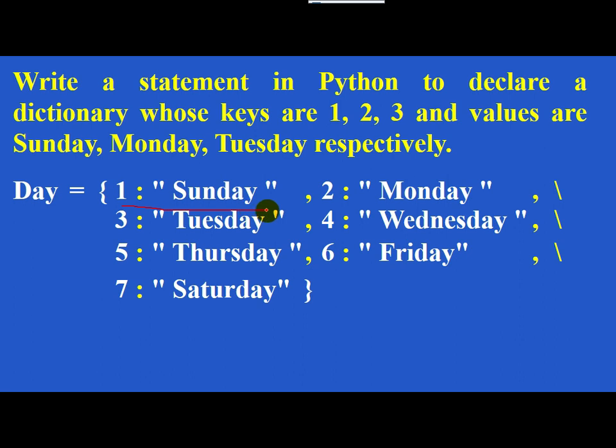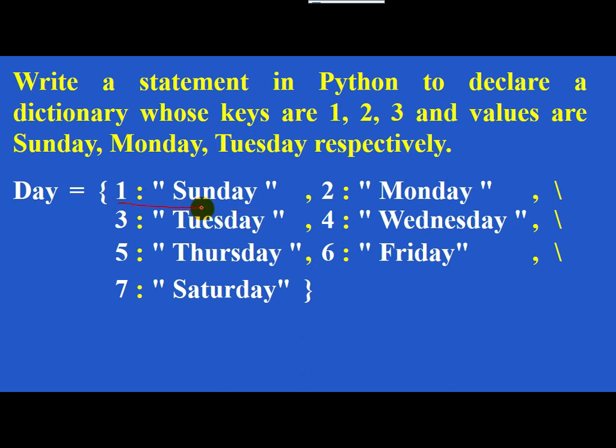Dictionary is mutable, list is mutable, you can change the content of a list. Tuple is immutable, you cannot change the content of a tuple. String is immutable, you cannot change the content of a string. Okay, dictionary is mutable, you can modify the content of a dictionary.